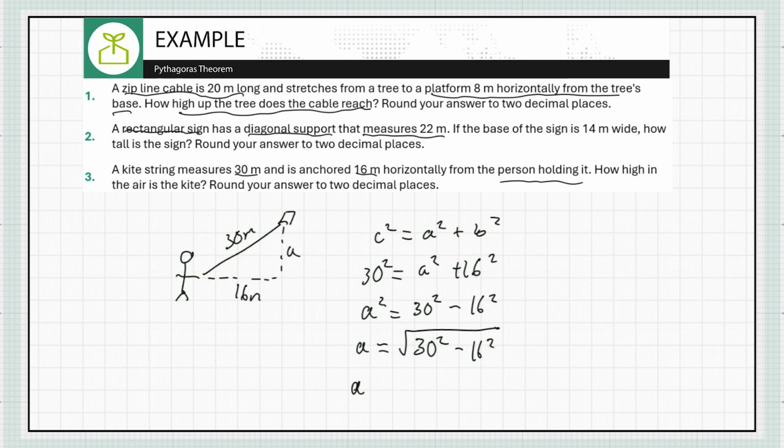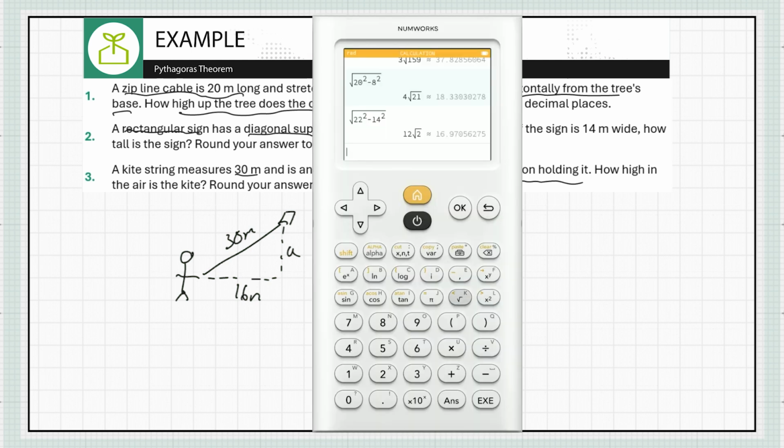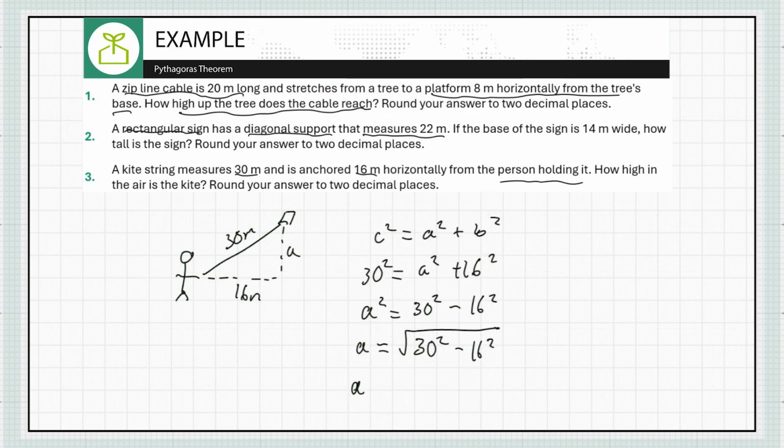So let's solve for a. The square root of 30 squared minus 16 squared, hit execute, and we get 25.37. Because the next digit over is a 7, it's 25.38. And that is in meters.